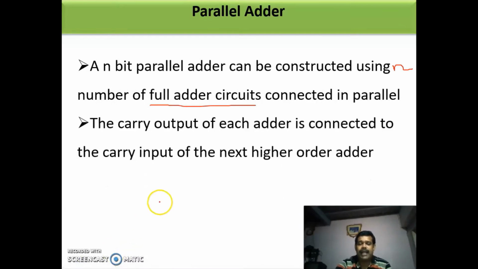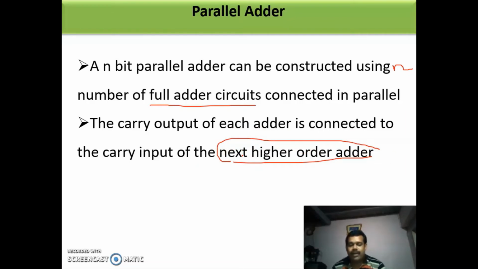Now the carry output of each adder is connected to the carry input of the next higher order adder.